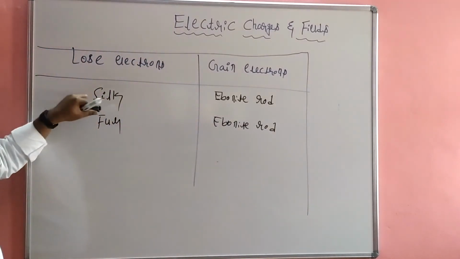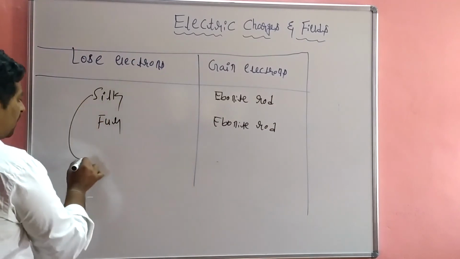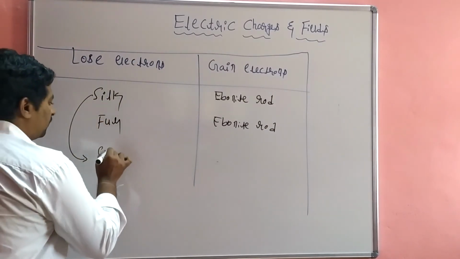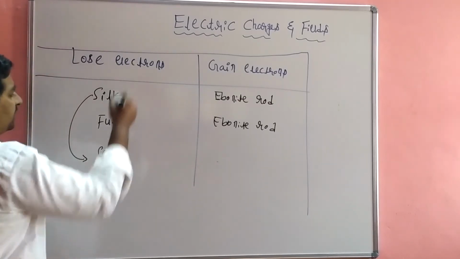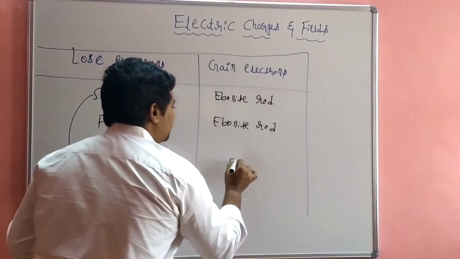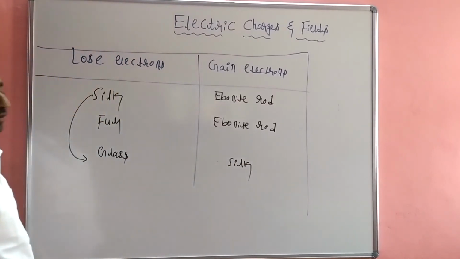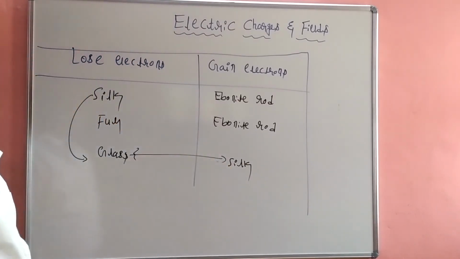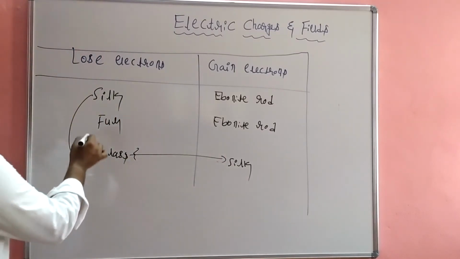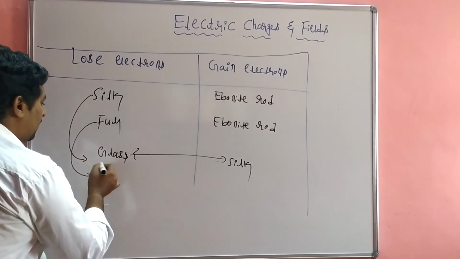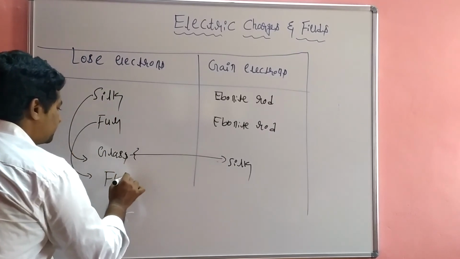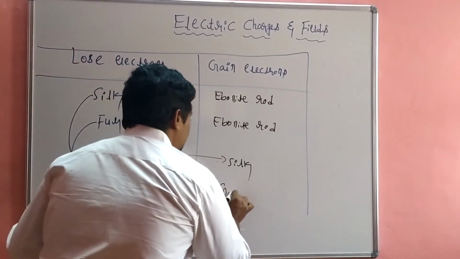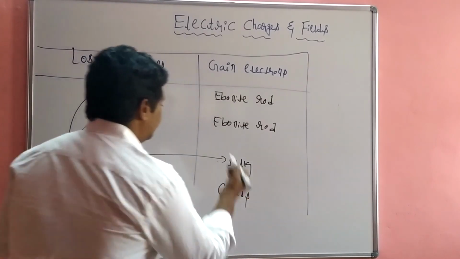The glass rod rubbed with the silk: the glass rod loses the electron, and silk gains the electron. The fur rubbed with the glass rod: fur loses the electron and glass gains the electron.